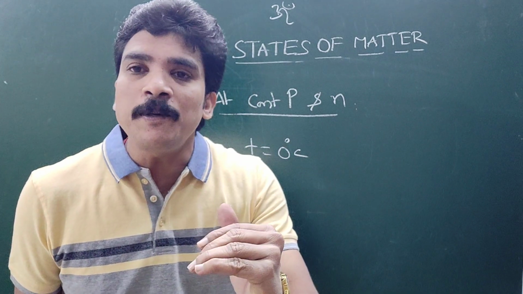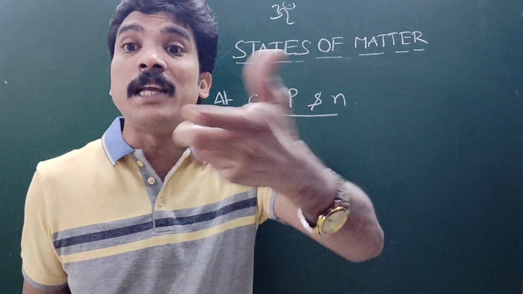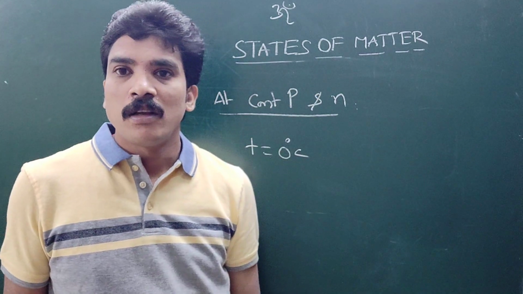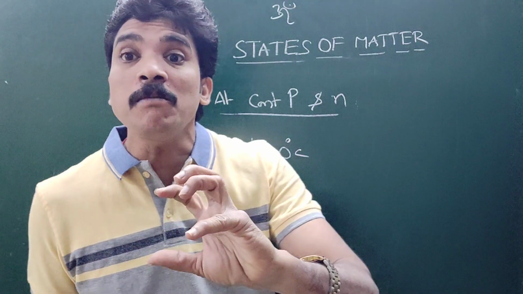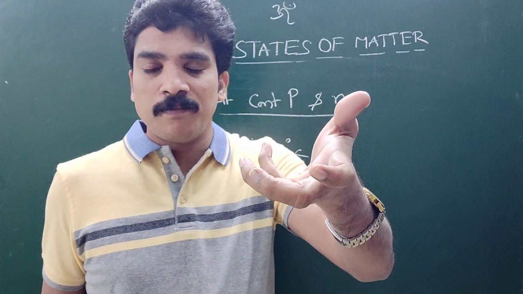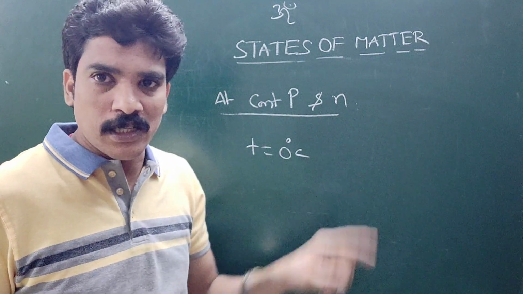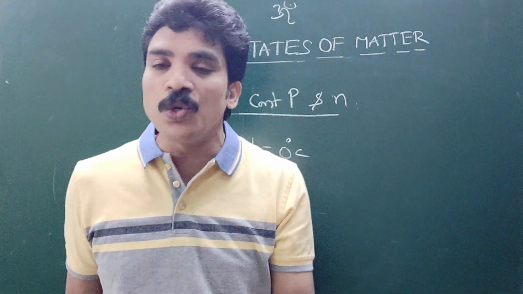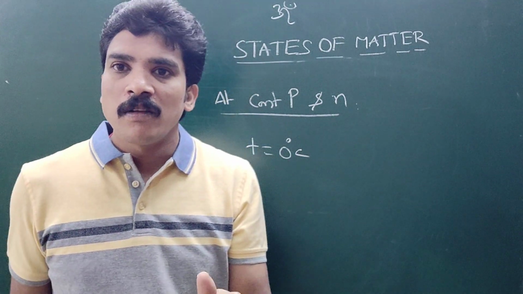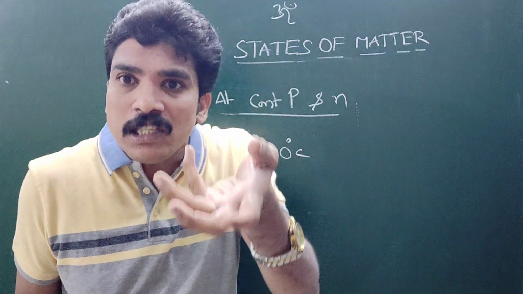At which temperature does the volume of the gas become doubled? Here the pressure and the moles are constant, and initially the gas is at 0 degrees centigrade.